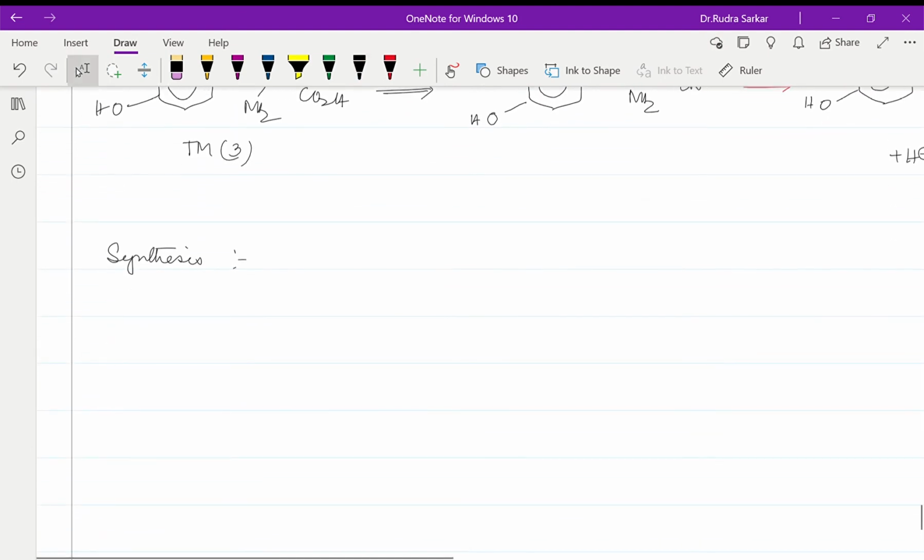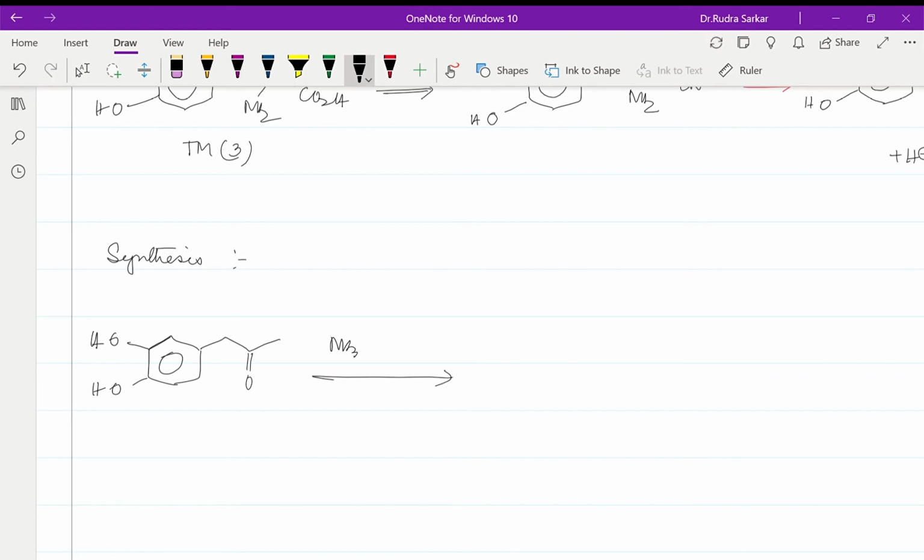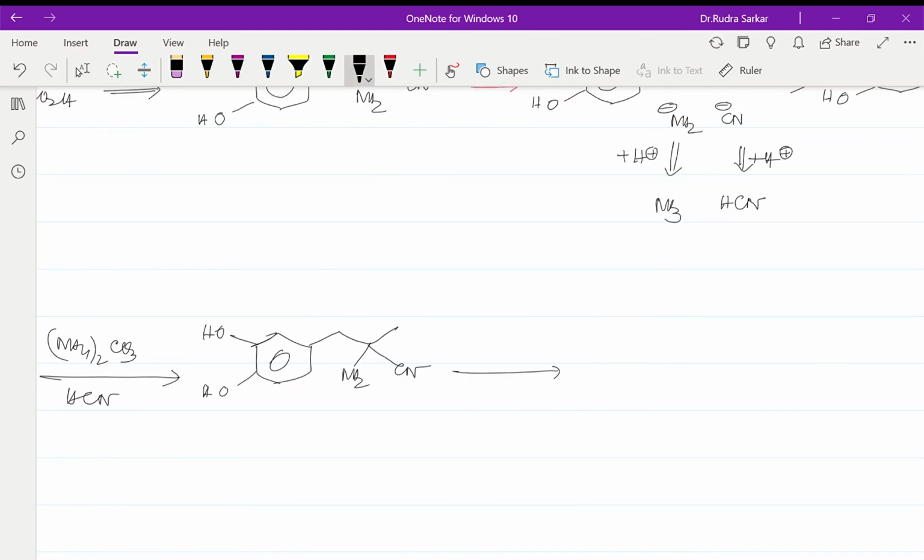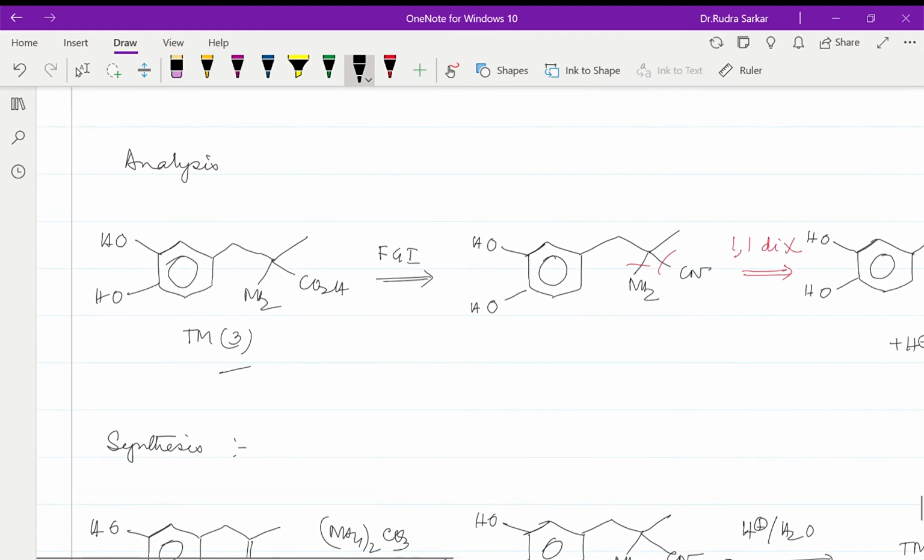So we will say this is being treated with ammonium carbonate in presence of HCN, and that will give us this particular molecule, which on further hydrolysis, say in acidic medium, will give us the target material 3, which is this one.